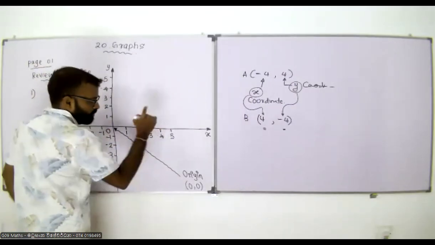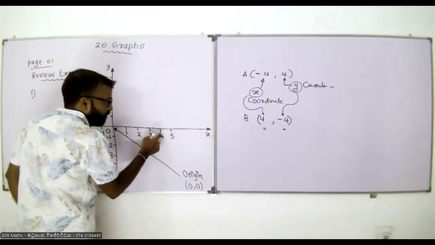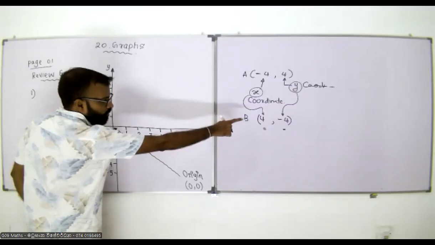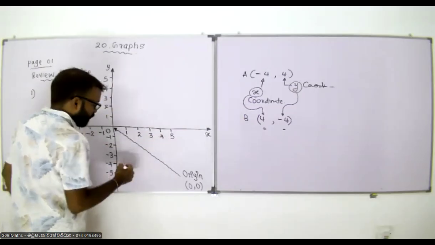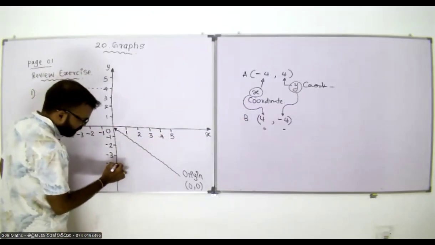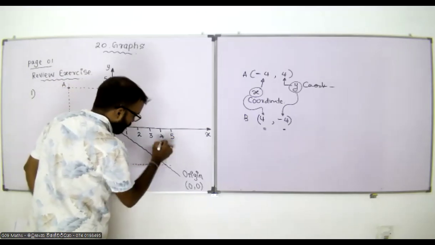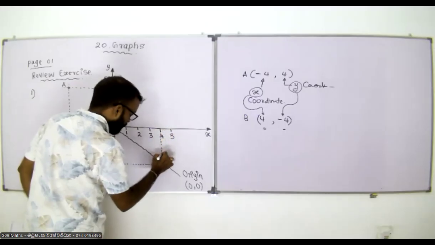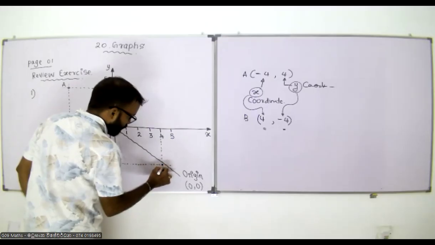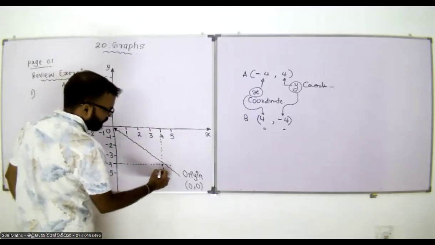X coordinate +4, this is it. Then the y-axis -4. So if I show you, the lines might cross somewhere around here. So this is the point where you can see point B.